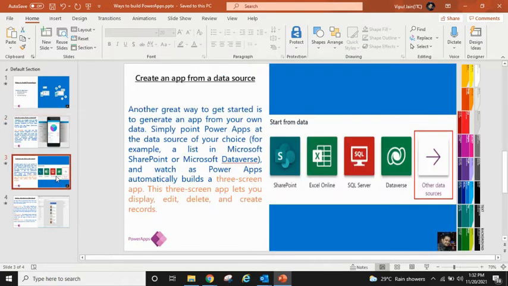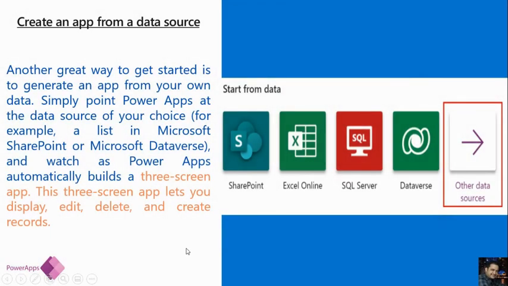Now in this particular video, the focus will be on how you can create an app from a data source. This is another great way to get started or to build a custom app from your data. You can use different data sources in Power Apps. For example, a list in Microsoft SharePoint can be a data source for your app, or your data can be in Microsoft Dataverse as well.